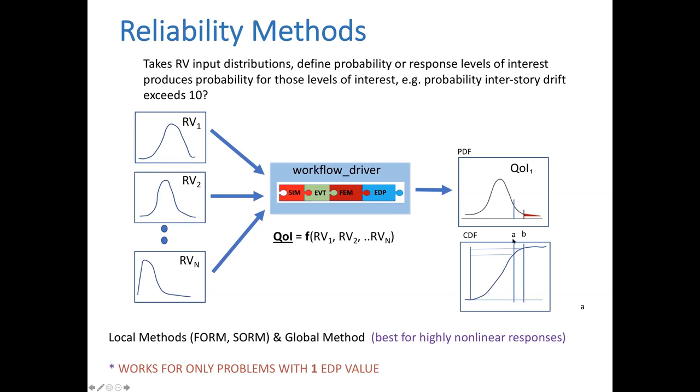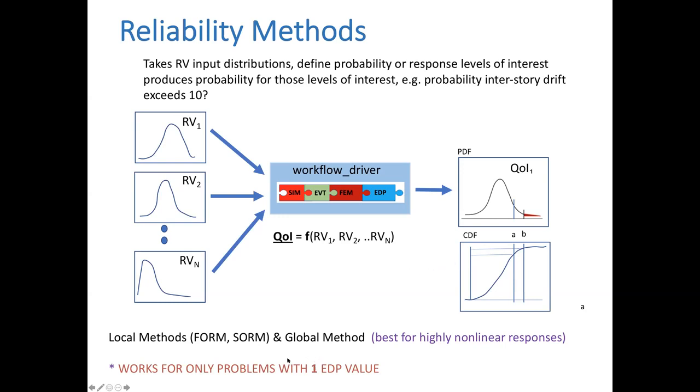For example, for the maximum displacement at the roof, you specify a value and ask what's the probability that it will exceed that value? The application, when it's done, will say that for value A, you have a probability of, say, 70%, whatever quantity of interest you work with.